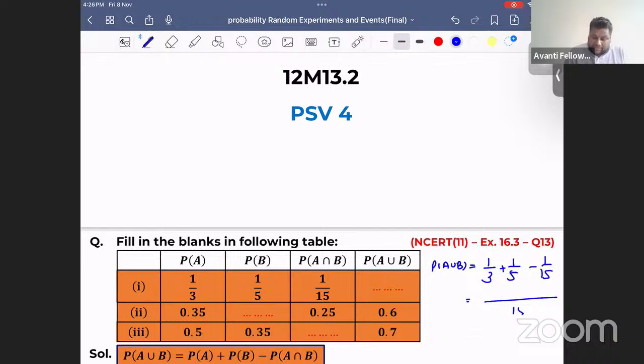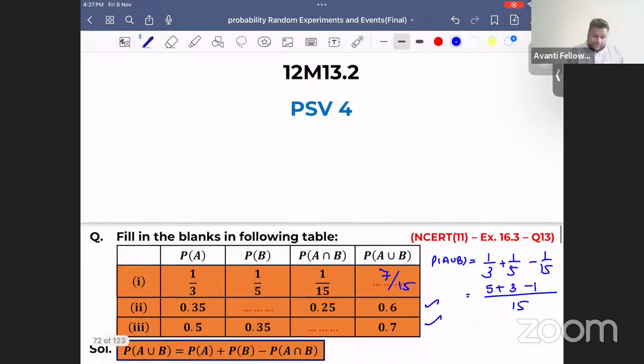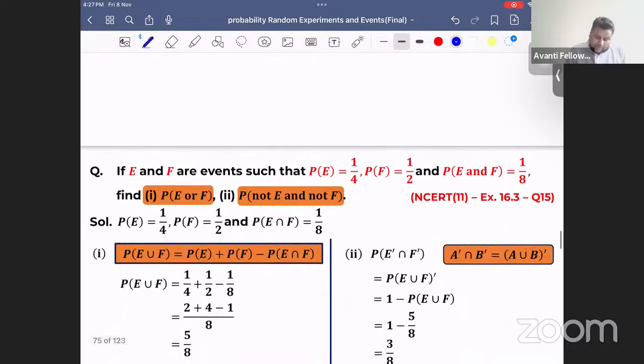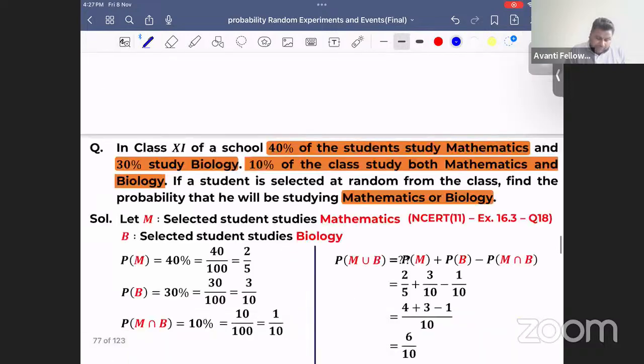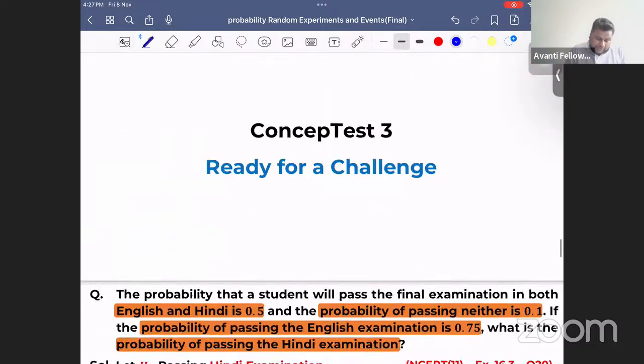If you take LCM as 15, it is 5 plus 3 minus 1, so it will be 7 by 15, correct? Similarly, these other two questions you can do very easily. They're very simple questions. This is easy for you also. This is also easy. Okay, do this one.